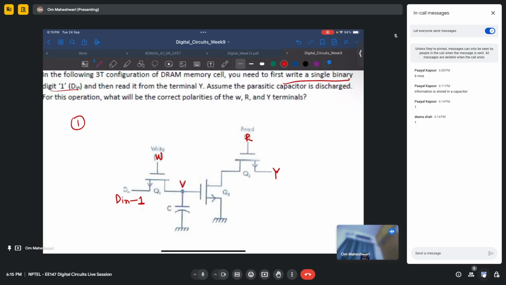You give D in 1, and to enable write, you put W also 1. Since 1 is at this gate, whatever is at D in will transfer to V, so V will also change to 1. Basically, this capacitor will get charged. Initially, it was discharged, as mentioned here.